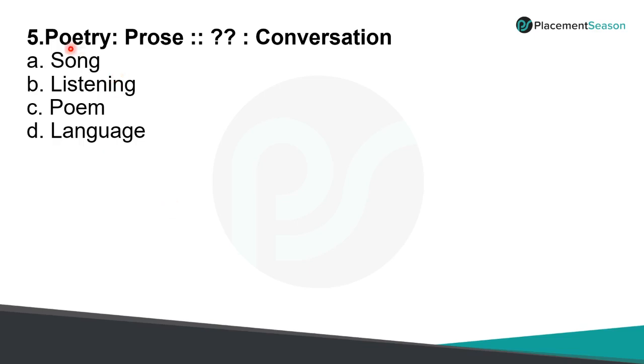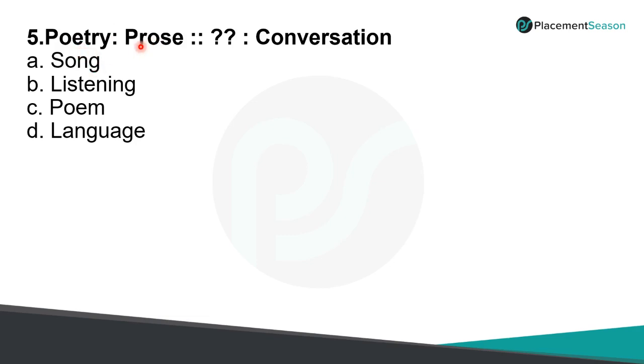Next, it is poetry to prose, and what to conversation. Take the first two words. It's poetry and prose. So poetry is something which has a rhyming sense, whereas prose is something that gives you a meaning, and it need not be rhyming. It is a non-rhyming one.